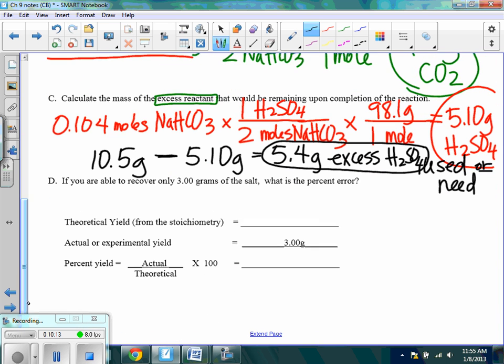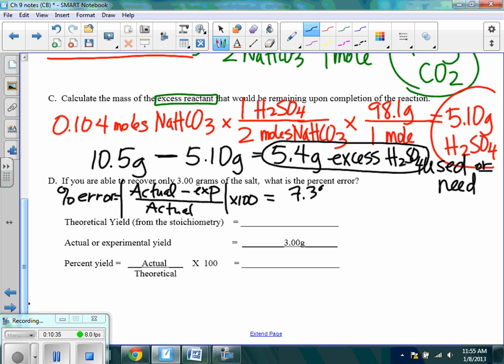So it's not very good chemistry here if we take a look at this. You need to remember that percent error formula. This formula will be given to you tomorrow on the test. It's actual minus your experimental over your actual times 100. So what I actually should have gotten was 7.39 grams.